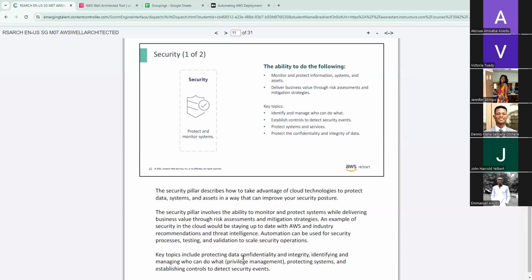Okay, so the second point is to enable traceability. You need to be able to monitor the activities in your environment, especially in real time, because you need to be able to deal with whatever issues may come up as soon as they do.